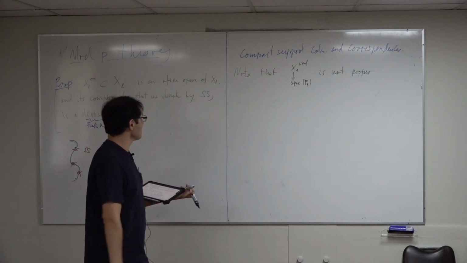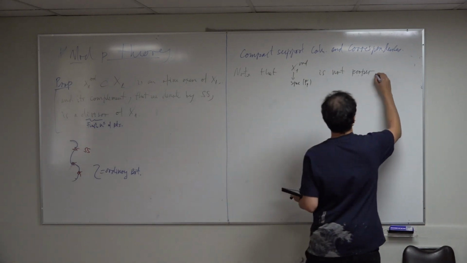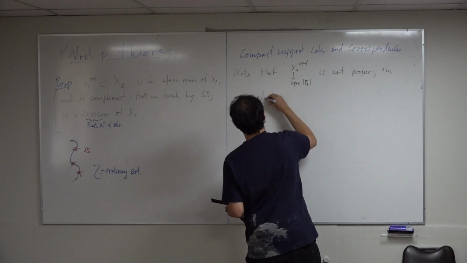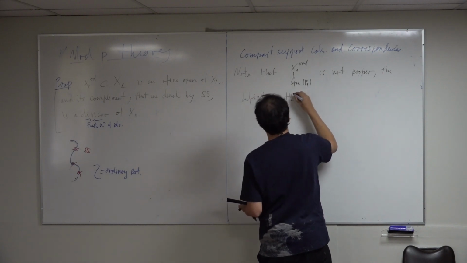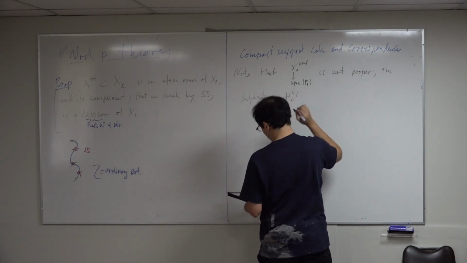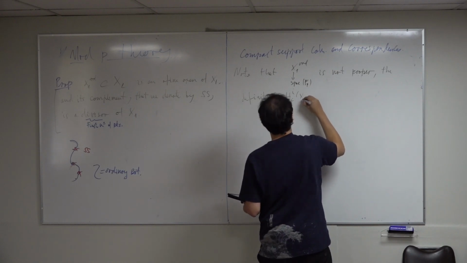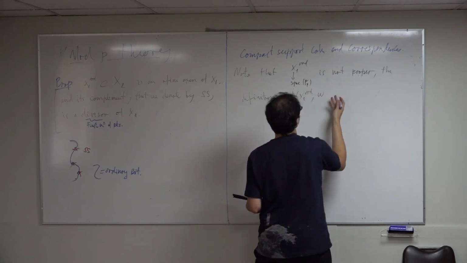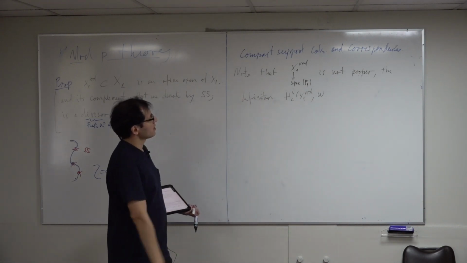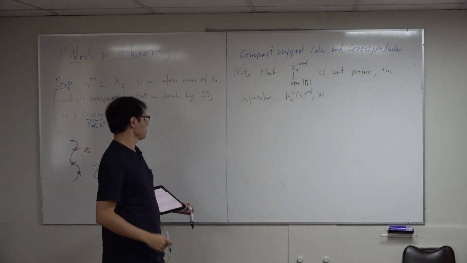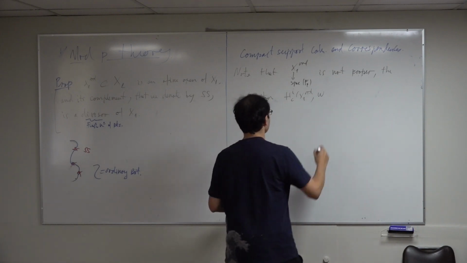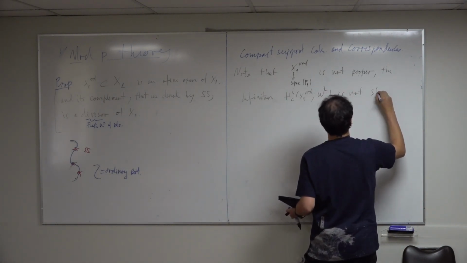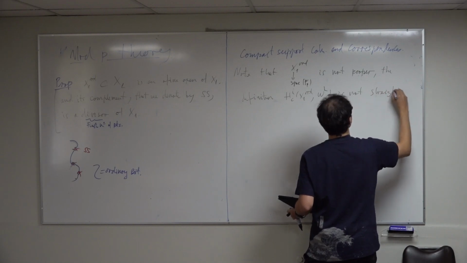Since this map is not proper, the definition of compact support cohomology for X1 ord, let's say with the same sheaves, is not straightforward.